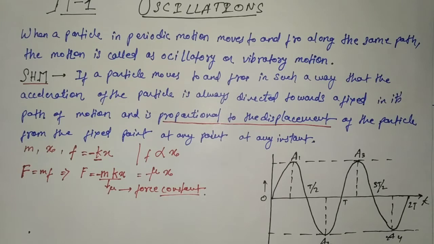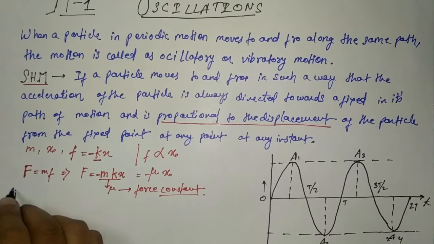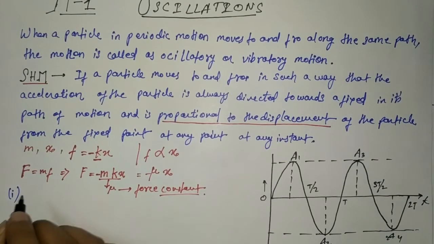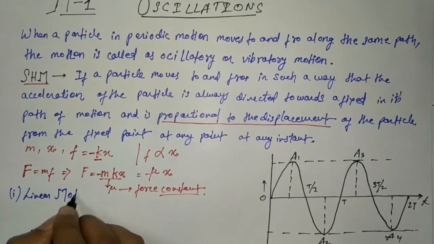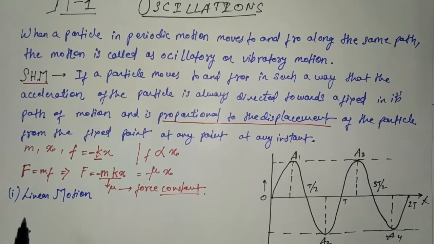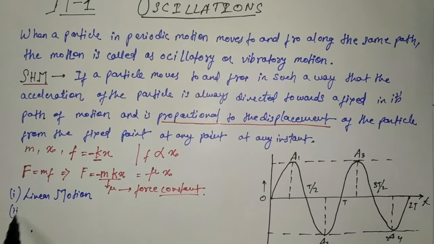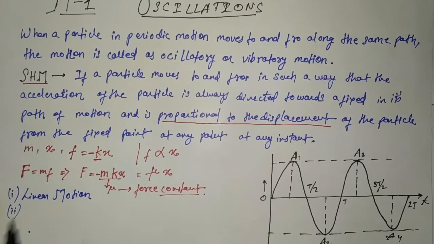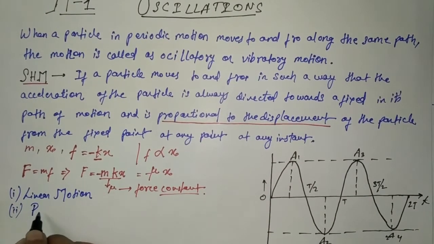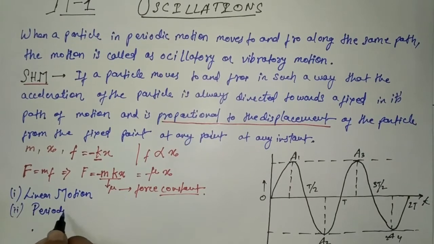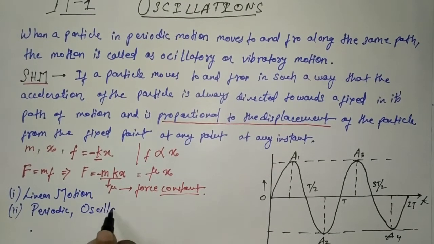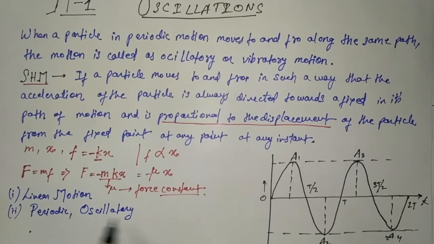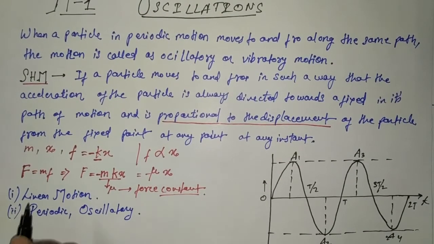What are the few characteristics of SHM? Number 1, the motion is linear motion. The graph of it will be linear motion. Number 2, it is a periodic and oscillatory motion, which is already defined in the above definition.